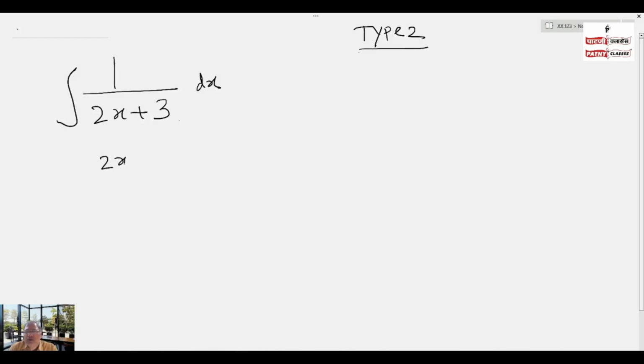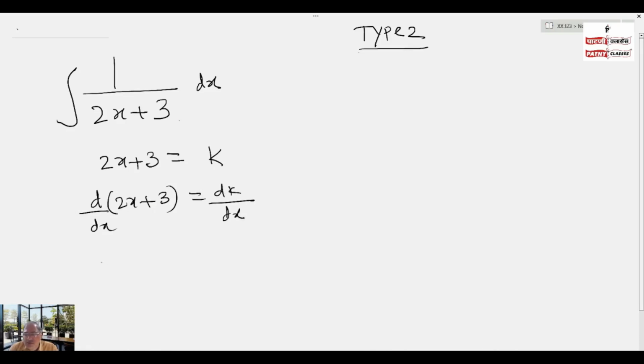For that, let 2x plus 3 equal k. It is not in the standard form. To convert it into the standard form, we put 2x plus 3 equals k. That is the substitution method. As soon as we put k, we have to do differentiation. So differentiation of 2x plus 3 with respect to x equals dk by dx.